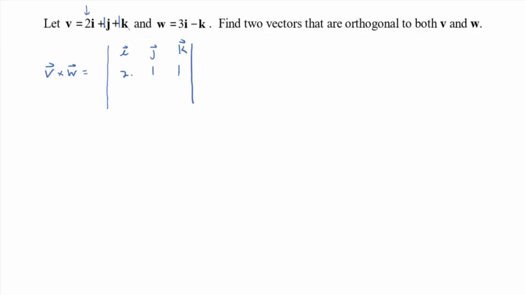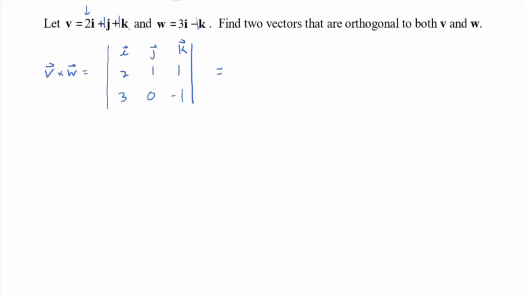Those are the components of v for the middle entries. And then the last row: 3, you don't see a j, right? So 3, 0. The j component is 0, and then negative 1. There we go. v cross w.